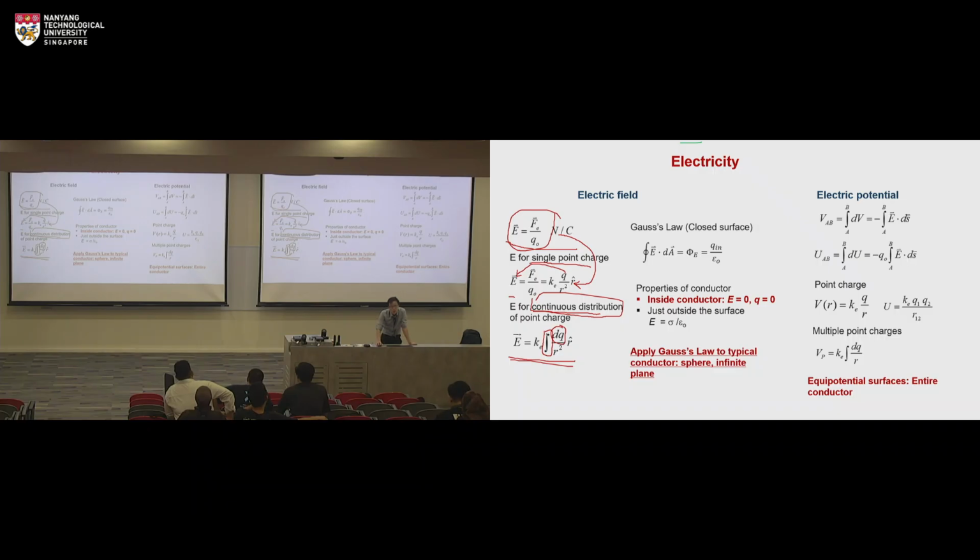And when it comes to determine the electrical field E, we have a much more powerful way, that is the so-called Gauss's law. And the Gauss's law basically tells you for any closed surface, the total electrical flux is given by this simple ratio, Q in divided by epsilon naught.